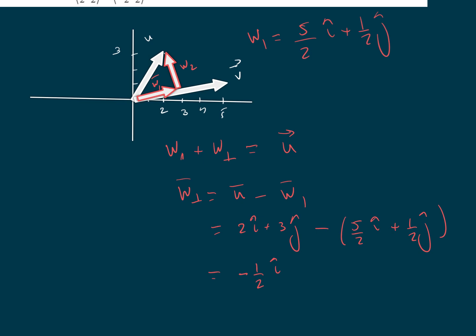The j component is 3 minus 1/2. 3 is 6/2. 6/2 minus 1/2 is 5/2. So it's plus 5/2 in the j direction. And this is the result for the vector that is perpendicular. This vector, this one. And the problem is solved.